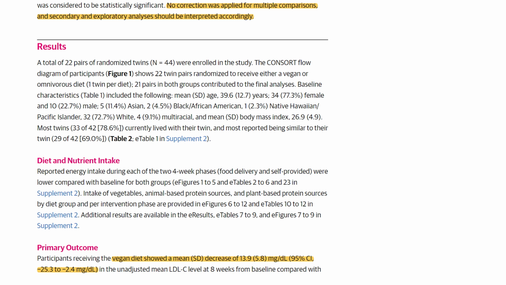That was a mean decrease of 13.9 milligrams per deciliter of LDL cholesterol. Now, generally, especially after only 8 weeks, that's a pretty good reduction. I would say that is clinically meaningful. I don't want to get into the whole LDL debate. Sure. But that is a strong reduction after only 8 weeks.